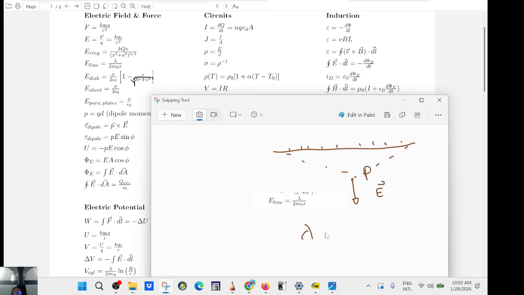Again, lambda is the charge density, the total charge divided by length, or dq over dl, and that will be the distance r. Agree?